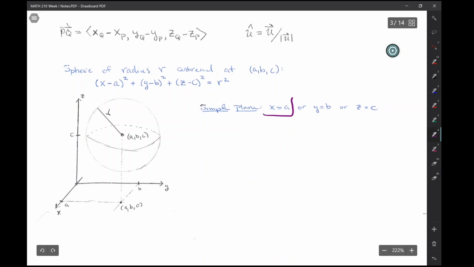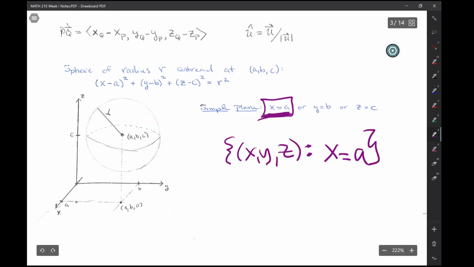So we have then this for a plane. You say, what, x equals a is a plane? Well, not really, right? We're just drawing it like that. But what we mean when we write x equals a, we mean the set of points x, y, z such that, this colon there means such that, x equals a.